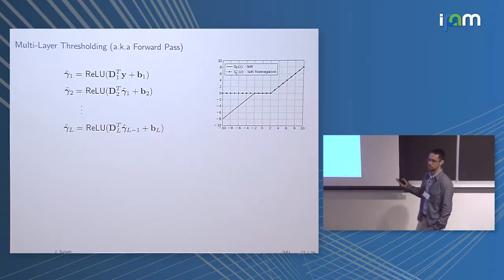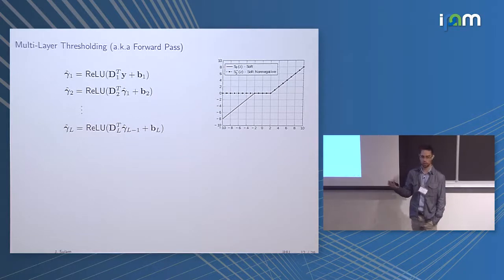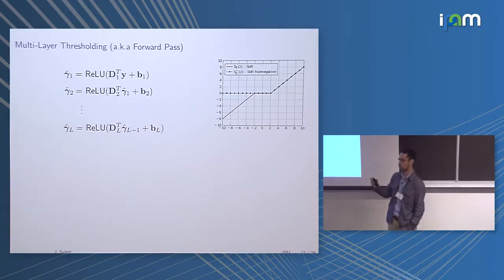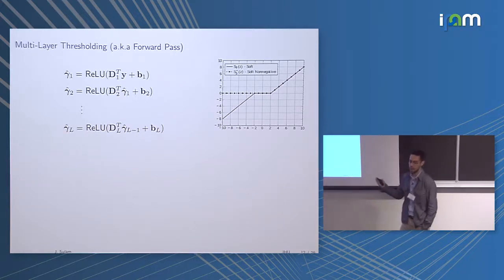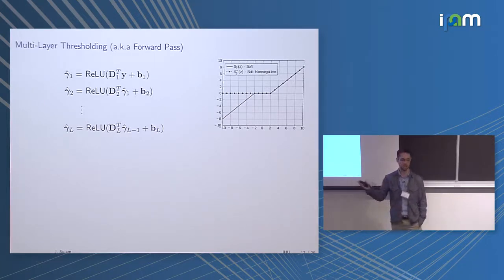And so what this means is that one can understand the forward pass in a convolutional network, which is essentially push your input through this sequence of affine transformations and ReLU nonlinearities, as a very coarse pursuit algorithm under this multi-layer generative assumption. So this far is just an observation.